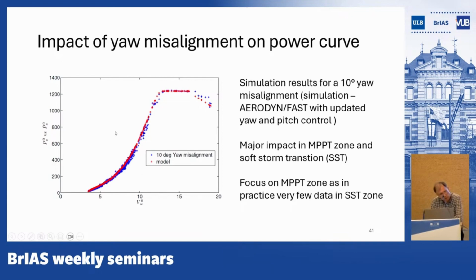And the blue dots correspond to the faulty turbine, and you see that the deviation from the normal, the healthy turbine, essentially occurs in zone 2, and in the first-order, the soft-storm transition zone. But as we are operating very seldom in this zone, we will discard it and focus on this zone.